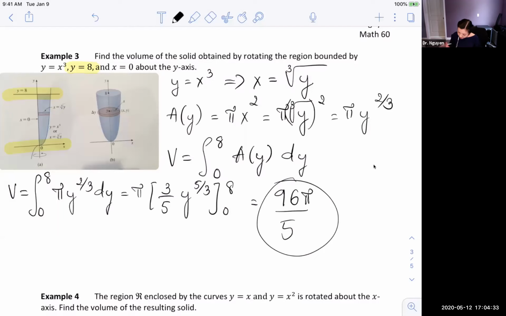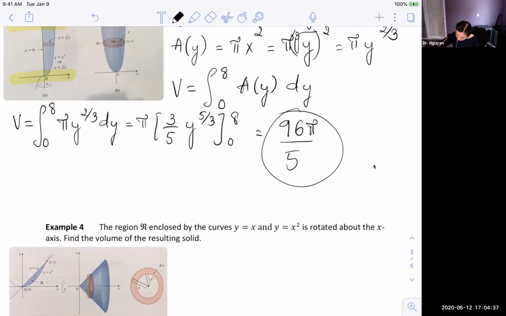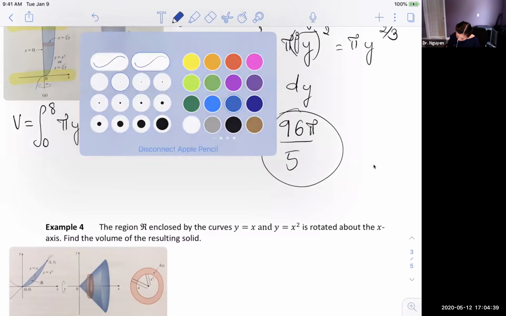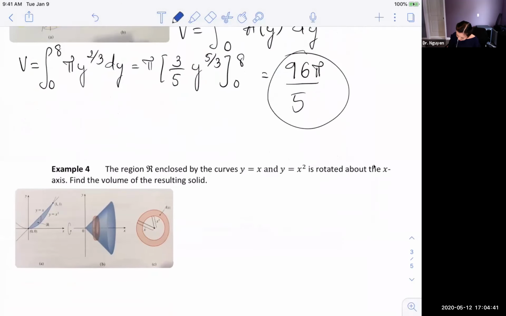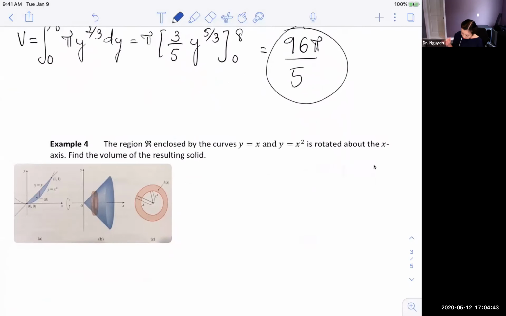All right. Moving on to example 4. You can see that we want the region enclosed by the curve y equals x, that one, and then y equals x squared, the parabola. Now we want to rotate it about the x-axis.